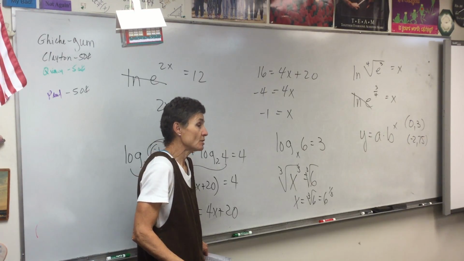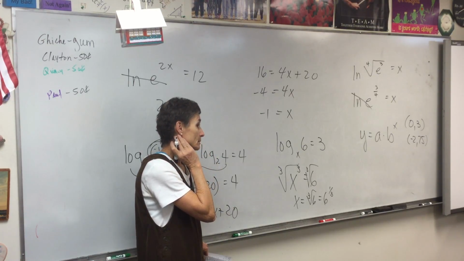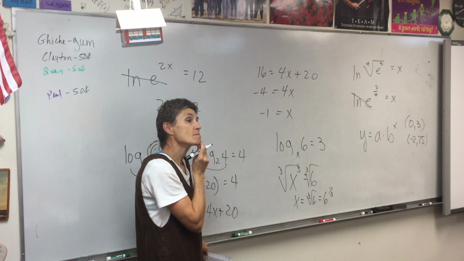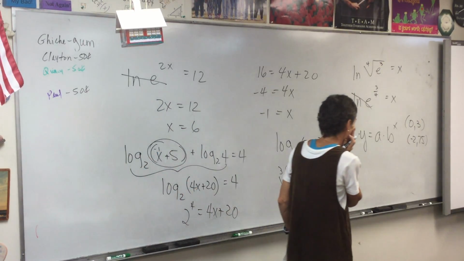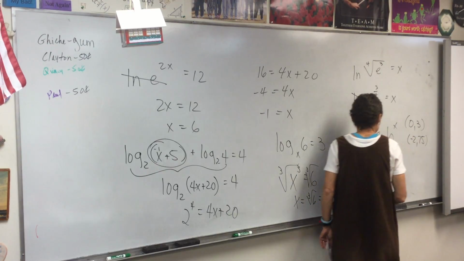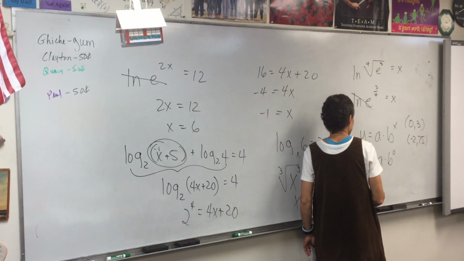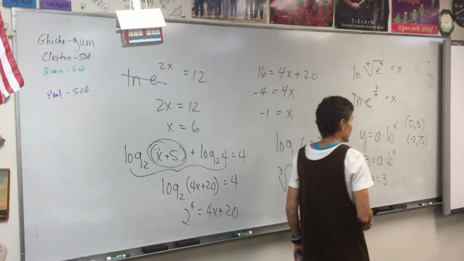Everybody's busily working. You don't need my help on this one. You know what to do, right? Gonna plug in the point with a 0. So A ends up equaling what? 3. Everybody good with that?